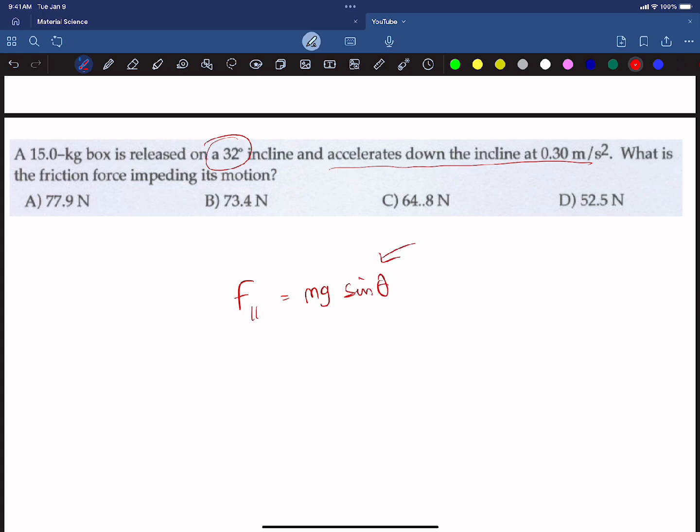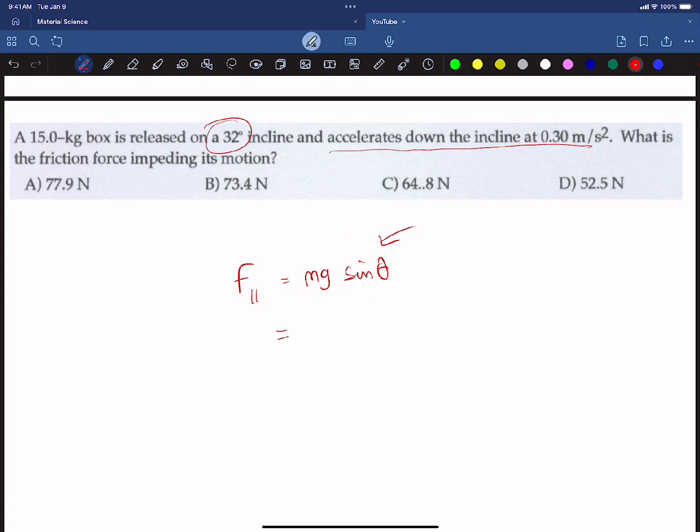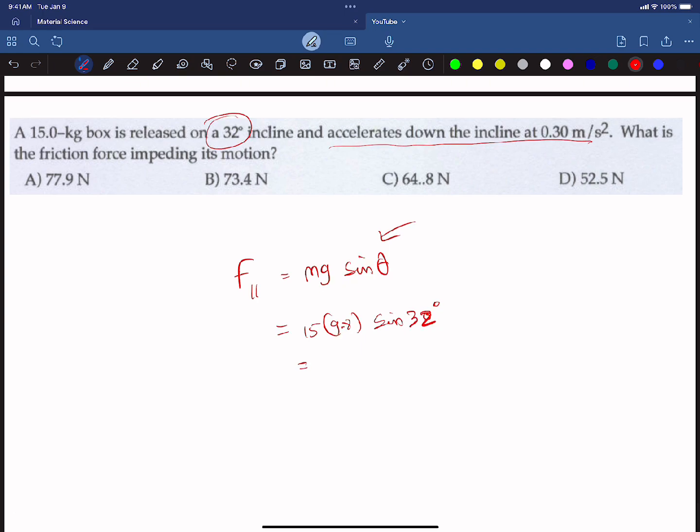Now why sine theta? Because we are taking the y component of the force. So our m is 15, g is 9.8, sine 32, and when you calculate this, you will get 77.9 Newton.